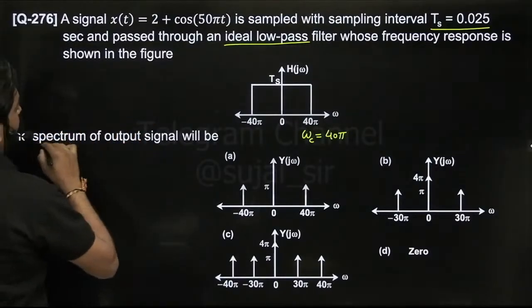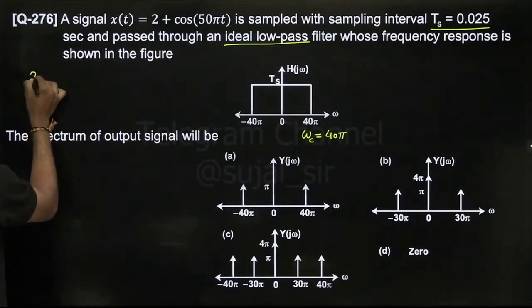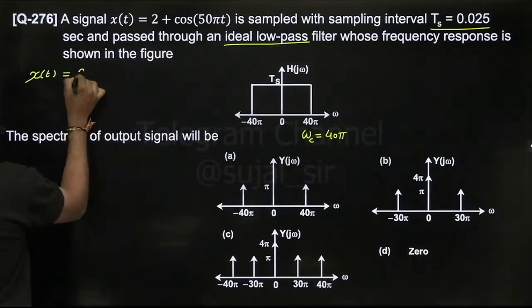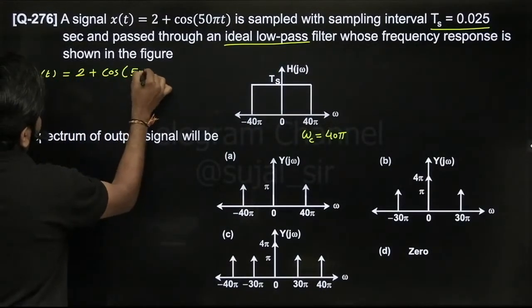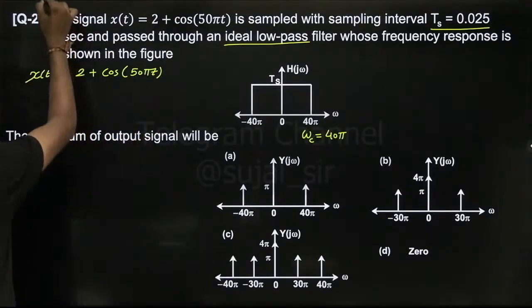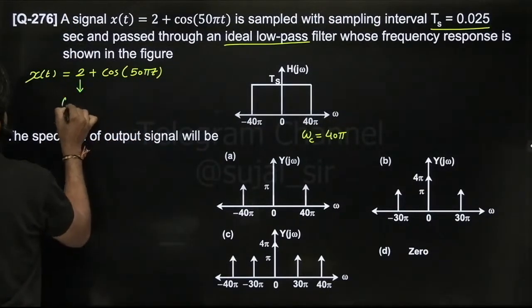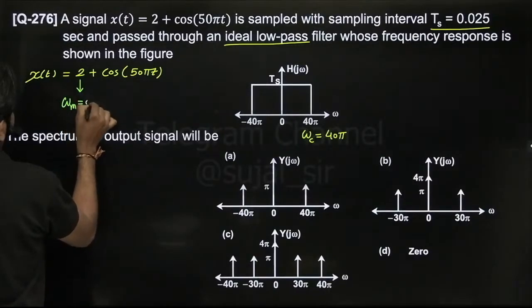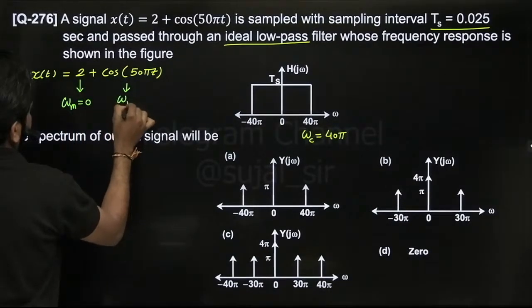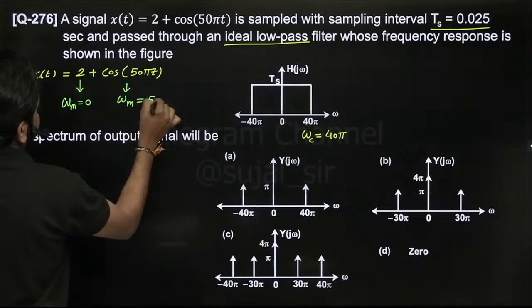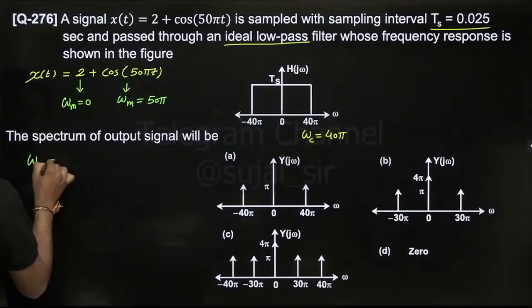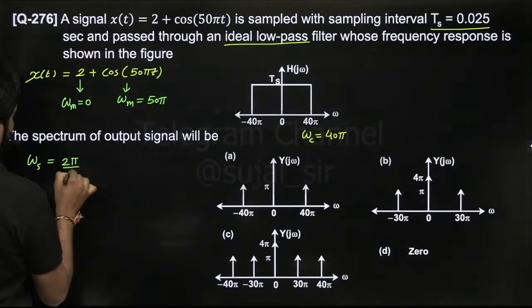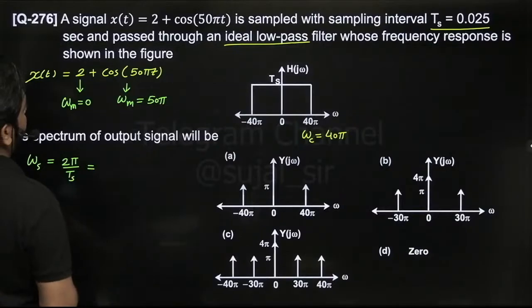Now the sampling period. x of t is equal to 2 plus cos 50 pi t. So here one frequency is 0, and the other frequency is 50 pi. The sampling frequency omega s is equal to 2 pi by Ts.